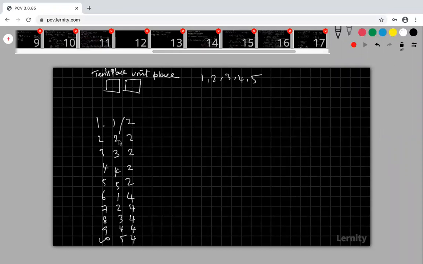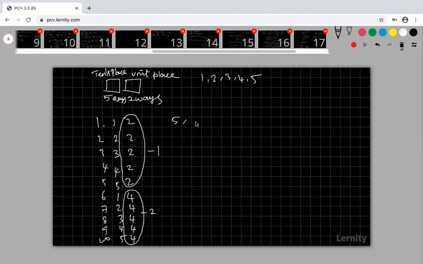I am filling this unit place in only two ways, so my unit place is filled in two ways, and my tens place is filled in five ways, 1, 2, 3, 4, 5. So therefore the total number of ways is 5 into 2.